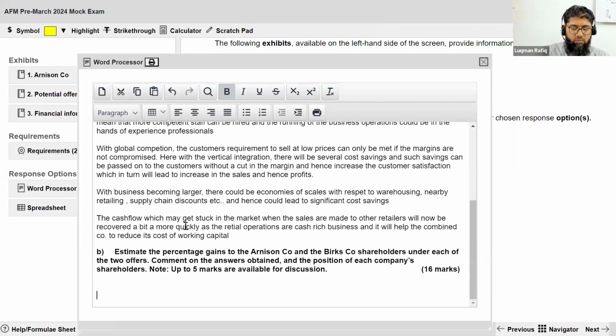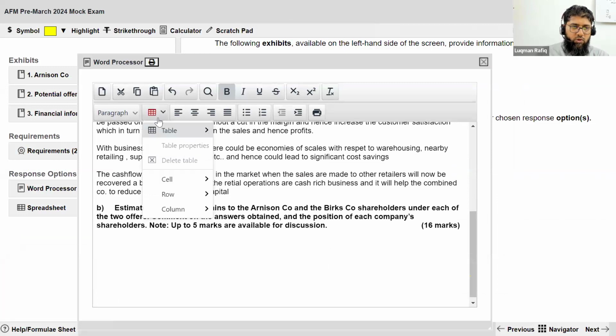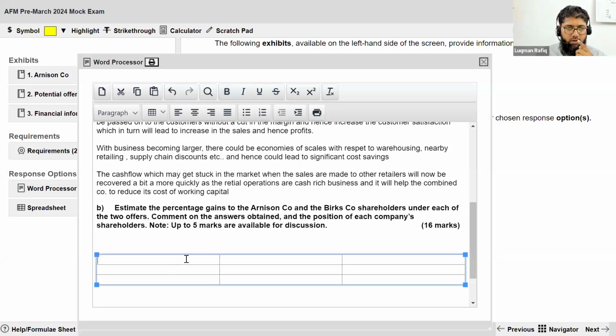Whatever you do, you could even prepare a table here. Let's say I'm inserting this table. Shareholders: Arneson company, Burke company.